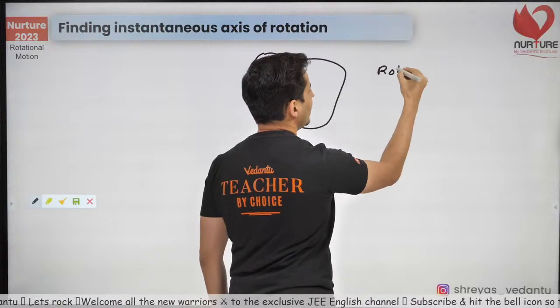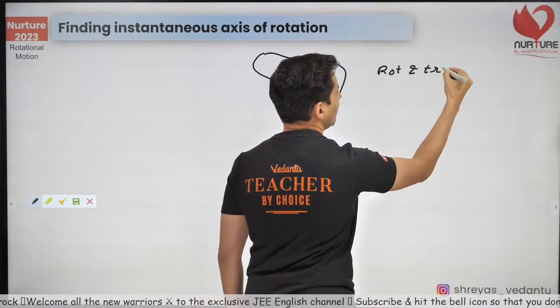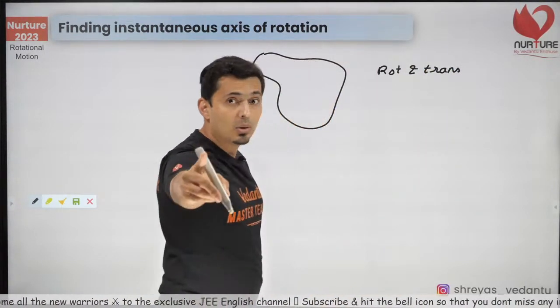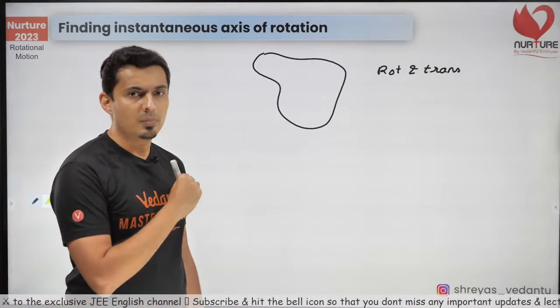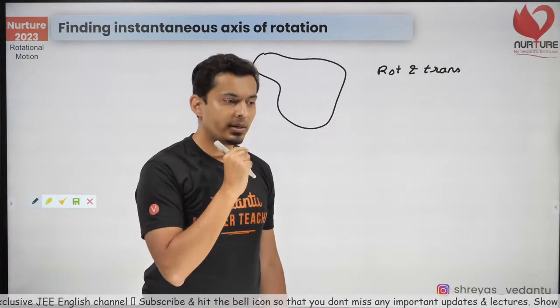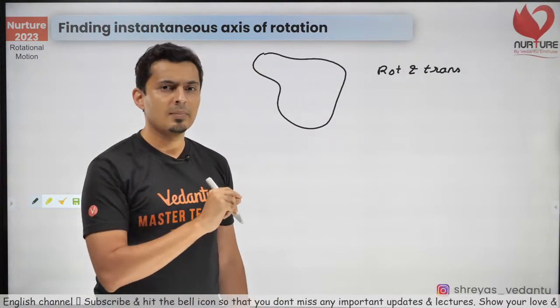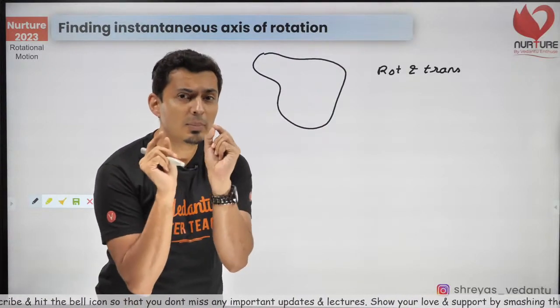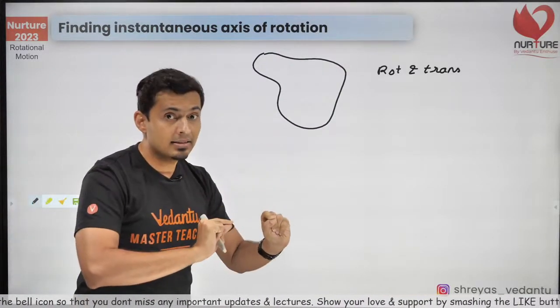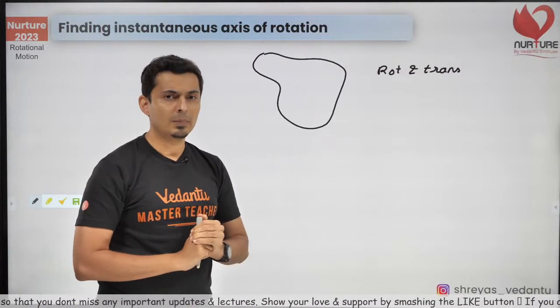I want to find out what is the instantaneous axis of pure rotation. How do I do that? So I go reverse. How will that axis be? That axis will be such that it will be at rest and all particles will go around it.